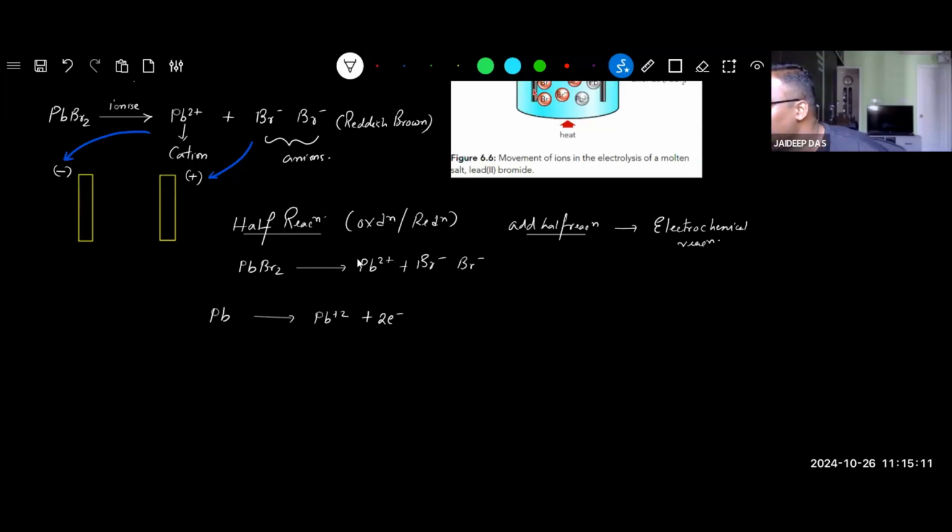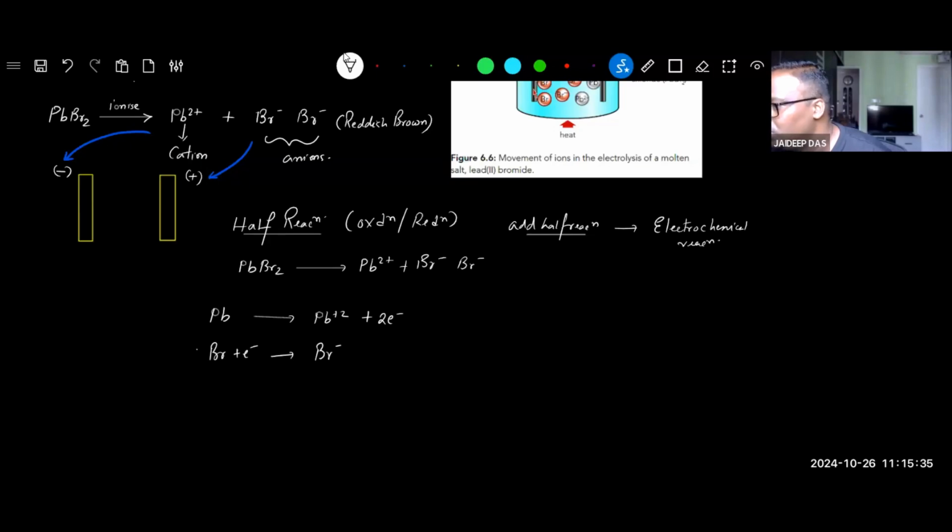Okay, and this bromine becomes bromine minus, which means bromine has to accept an electron, then only bromine will become Br minus.